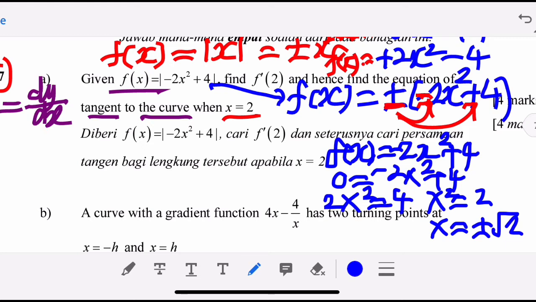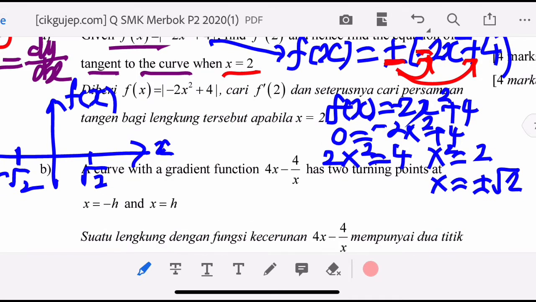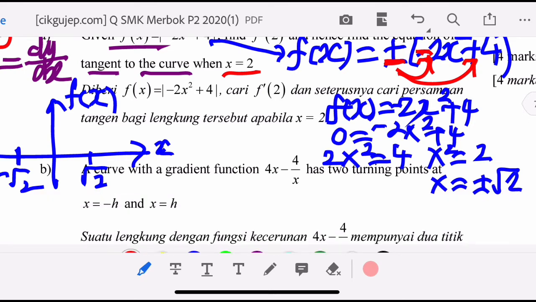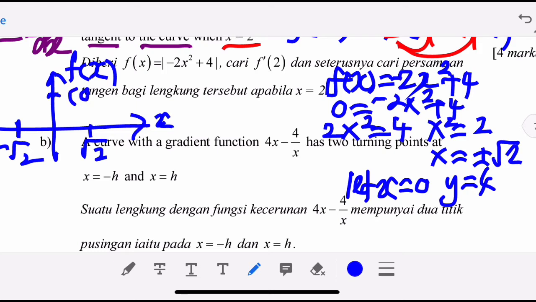That means the graph will intersect at negative square root 2 and square root 2. Understand? Now we need to find the y-intercept. For the y-intercept, you need to let x be 0. So if x is 0, the y is 4, right? So the 4 is here, let's say this is (0, 4).